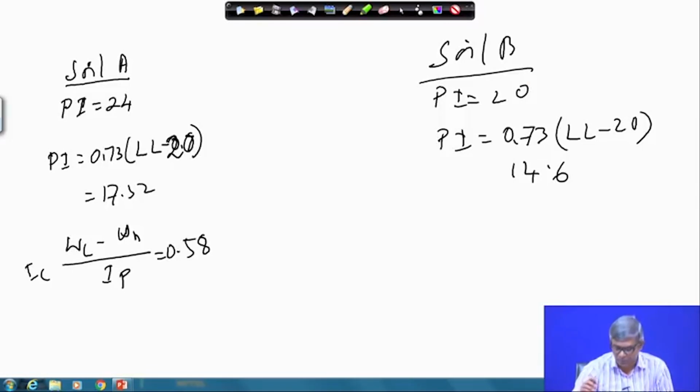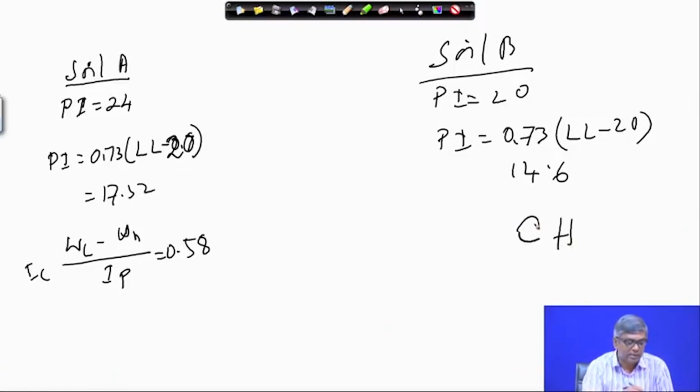You can see here the liquid limit is 55, and since it is more than 50 it is highly plastic. That means soil B is clay of high plasticity, that is CH, and clay A is clay of intermediate plasticity, that is CI. The IC for this is 0.5 and for this IC equals 0.25.